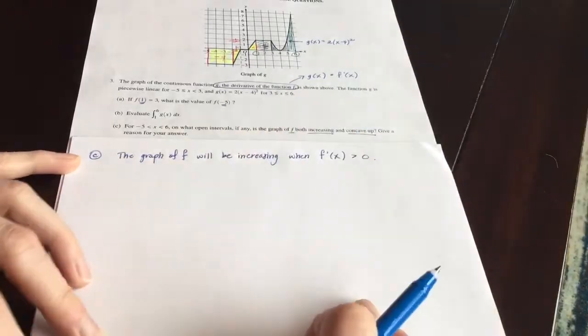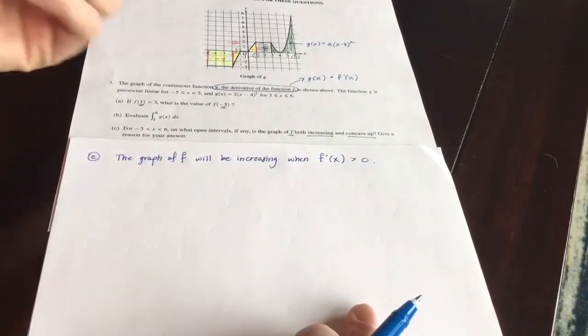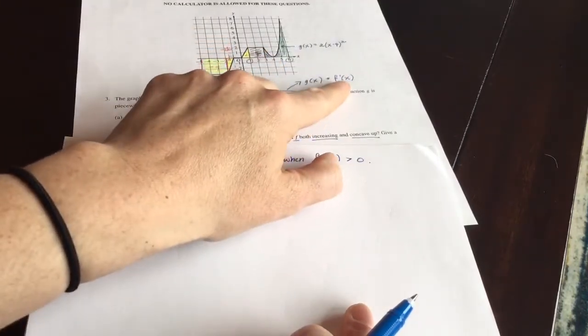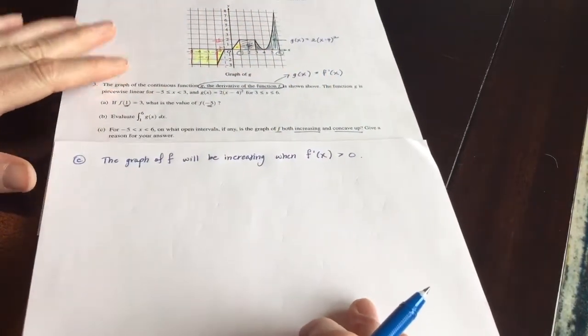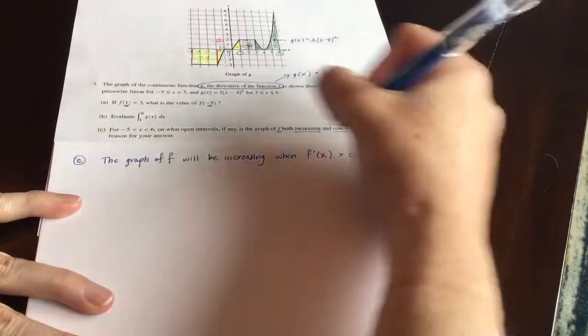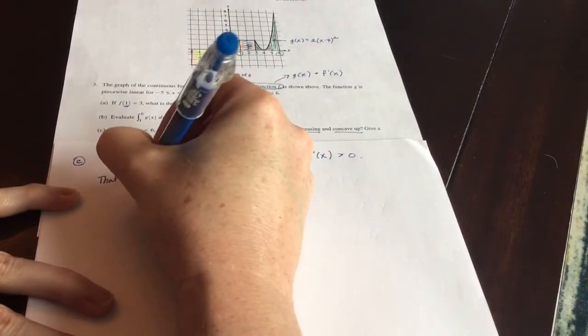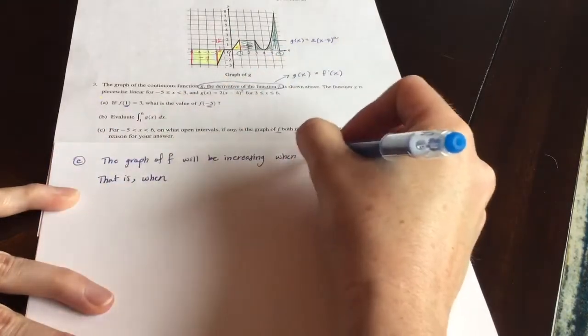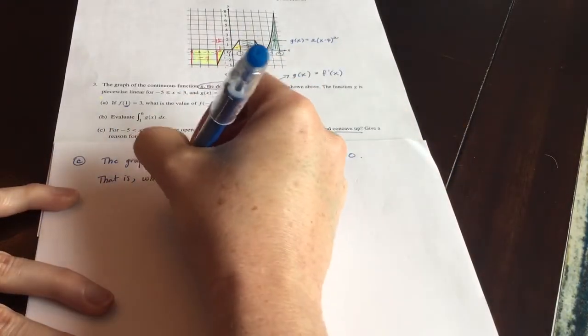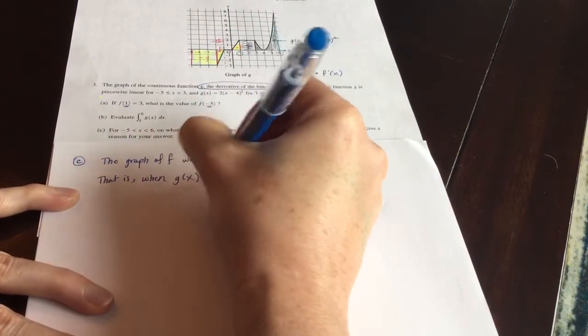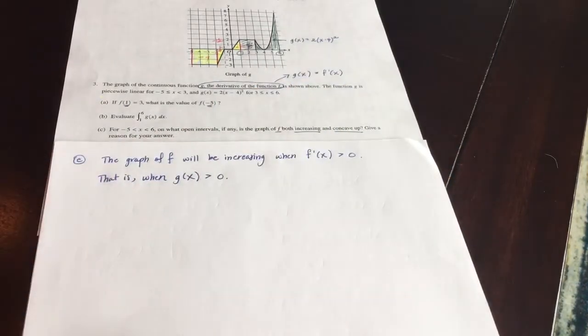But you're going to need to look at the graph of g, so luckily we figured out f prime is just g. So f will be increasing when g of x is greater than 0.